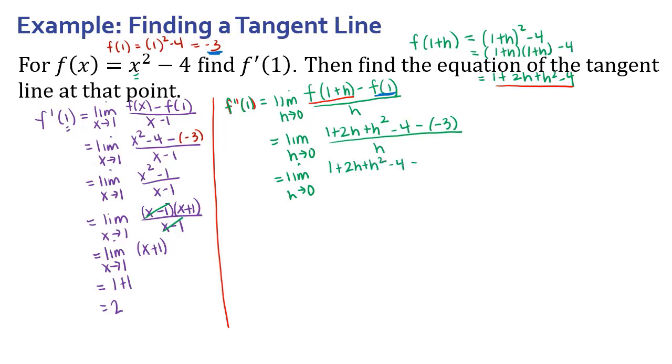So minus a negative 3 becomes plus 3. And then I can simplify that a little bit more. 1 minus 4 is negative 3, plus 3 is 0. So those all cancel each other out, and we're left with 2h plus h squared in the numerator over h in the denominator.